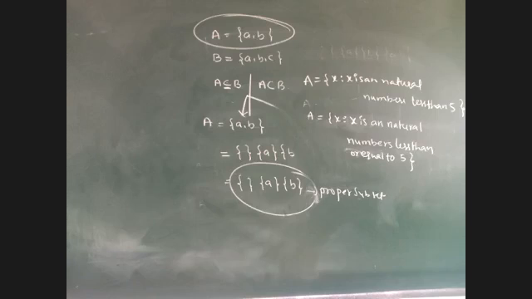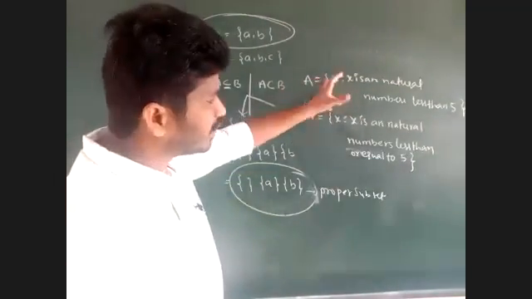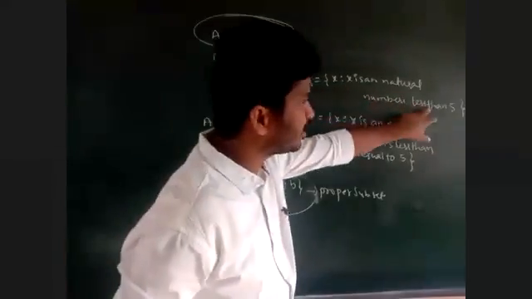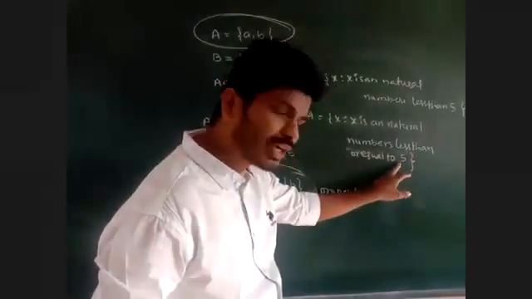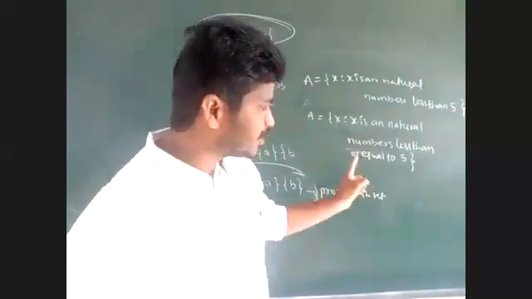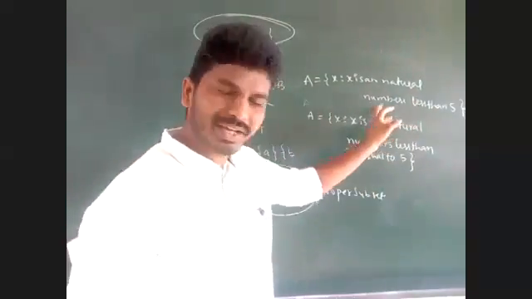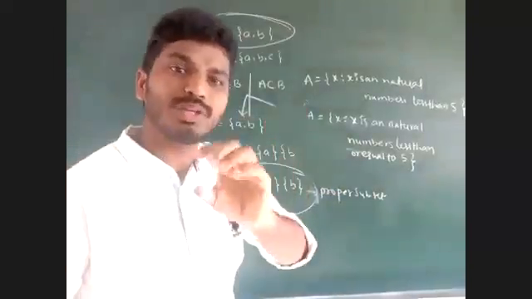Set A is the natural numbers from 1 to 5: 1, 2, 3, 4, 5. Is there any difference between these two statements? Yes, sir. Less than means we should not consider 5. Less than or equal to means we should consider 5. Here we take only 1, 2, 3, 4. Here we should consider 5 also: 1, 2, 3, 4, 5.